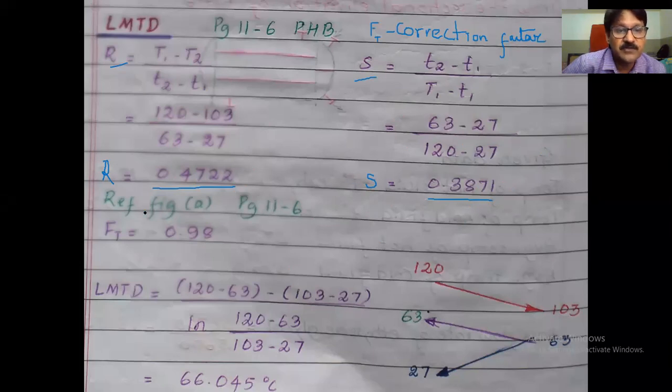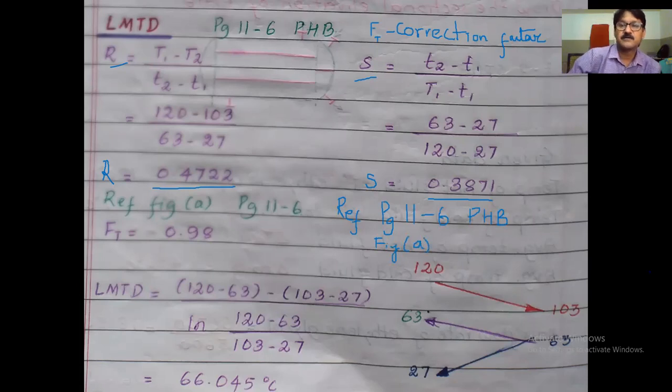We have to refer to page number 11.6. Next you write it: refer for Ft, page 11.6, Perry handbook. Also write which edition you are referring to, Perry handbook, and figure A. In that figure A we are referring.